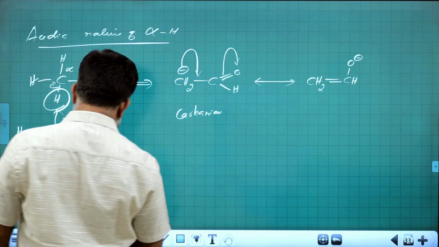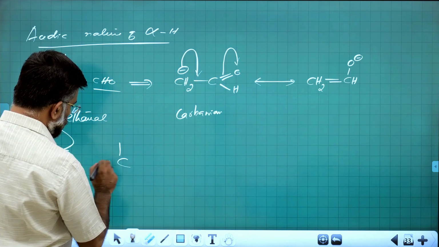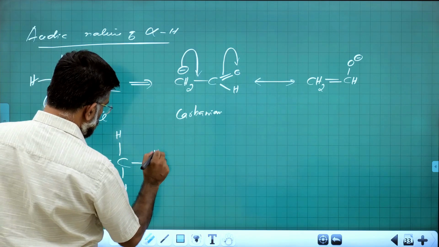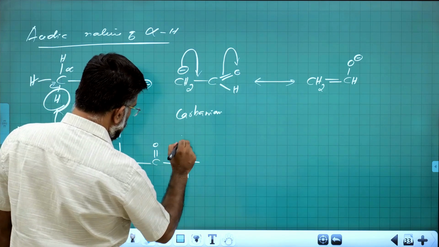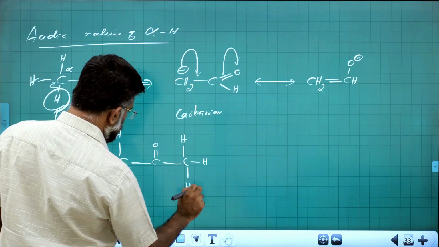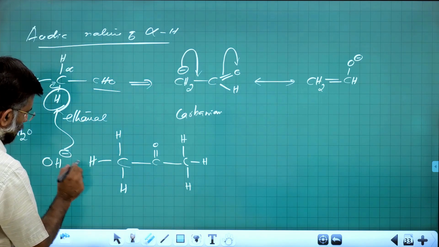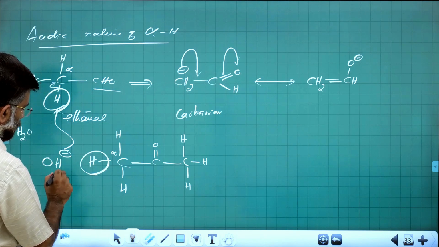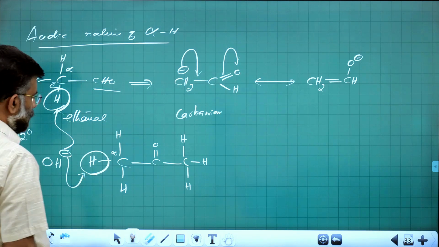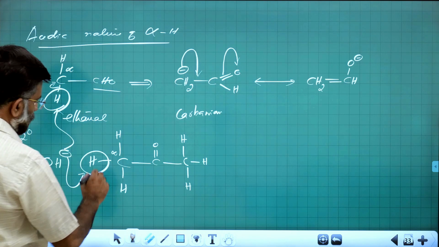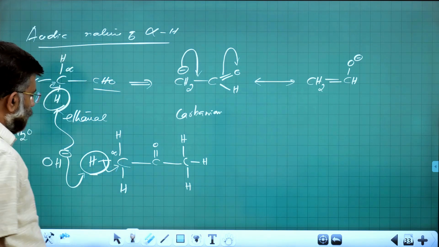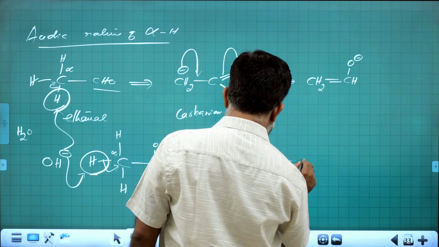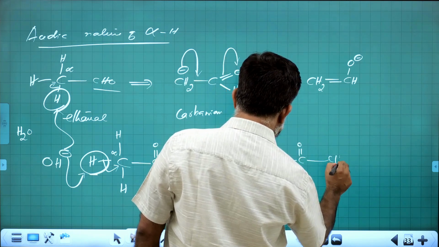If you take acetone, same scenario. This is acetone. This is the functional group, this is the alpha carbon, and this is the alpha hydrogen, where the base can easily attack that alpha hydrogen, and this electron pair will be shifted to carbon, and you get CH2 minus CO CH3.